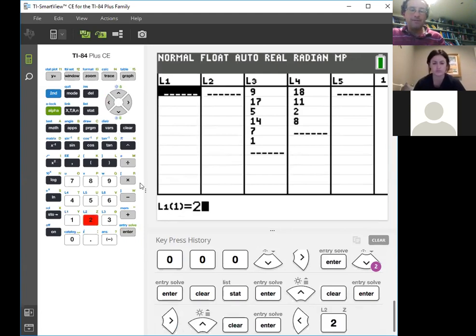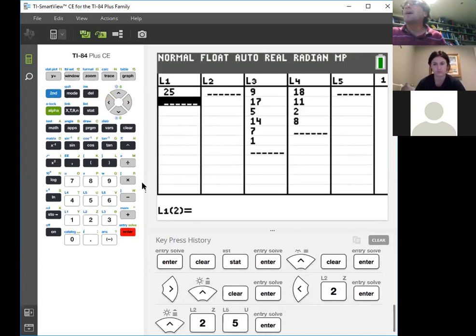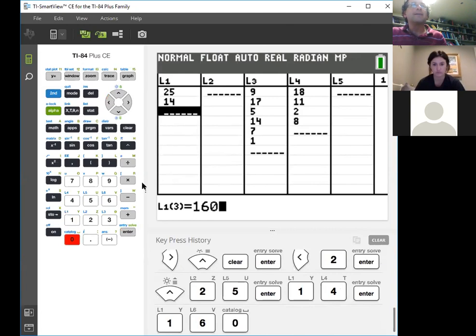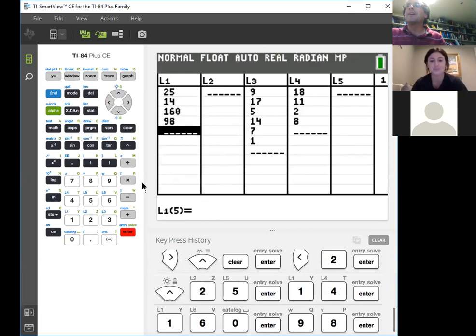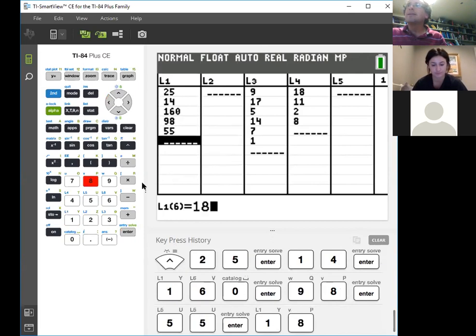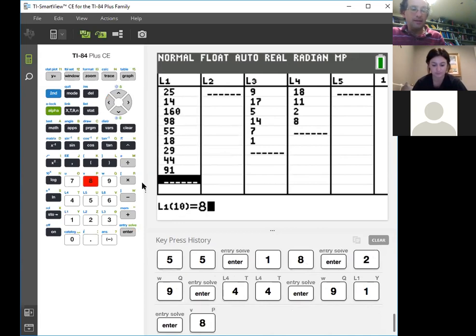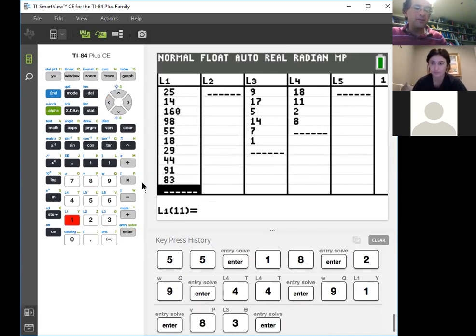So 25. Shoot. Sometimes if I don't type hard enough on the keyboard, it doesn't work. 14, 160. By the way, what do you call that 160 person? Outlier. That's an outlier. 98, 55, 18, 29, 44, 91, 83, 17 and 32.